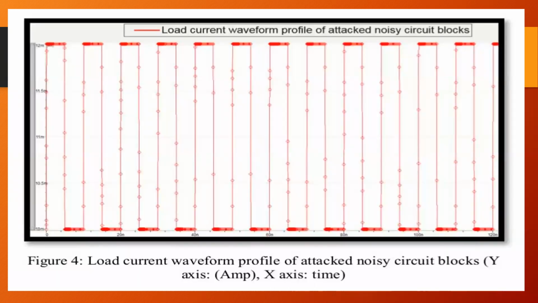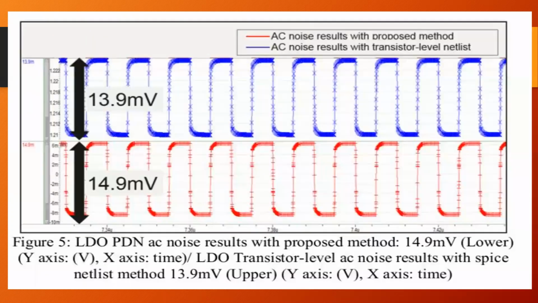This is the figure 4 load current waveform profile of aggressor noise current blocks. Y-axis is current and x-axis is time. Figure 5 LDO PDN AC noise result with proposed method 14.9 mV. Y-axis contains V, x-axis contains time.